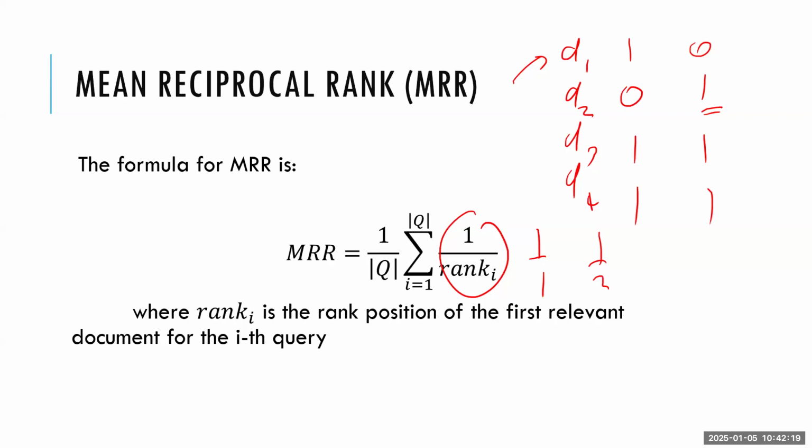So for this measurement, if you have something like this, for MAP score, the left side would have a higher MAP score, but the right side would have higher MRR because it only cares about the first rank that is relevant.